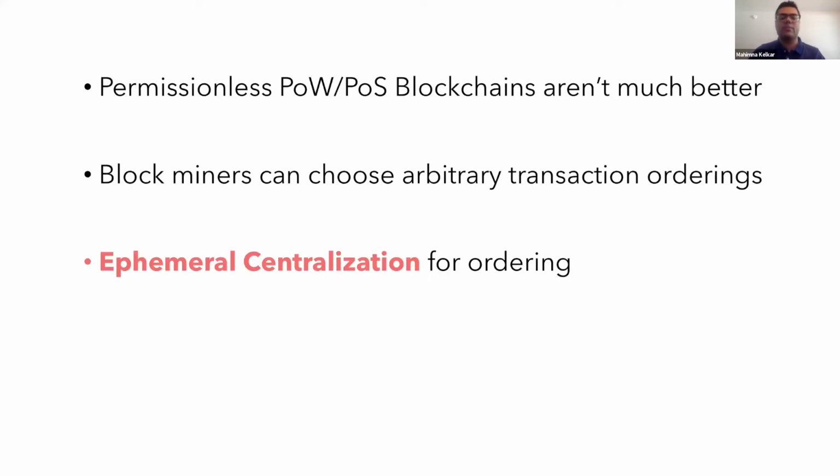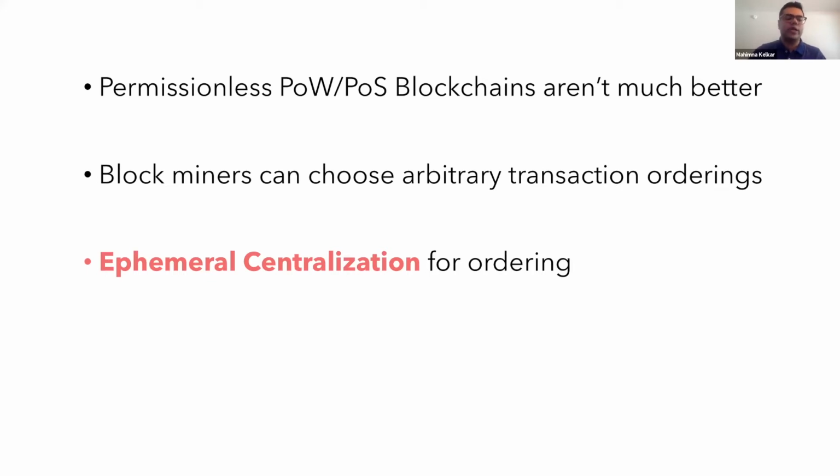Surprisingly, permissionless blockchains aren't much better either. Even though they're fundamentally more decentralized, a block miner has complete control over the ordering of transactions in the block that it mines. And this happens all the time. You could imagine miners being bribed or incentivized to prioritize specific orderings, or colluding with users to give priority to their orderings.